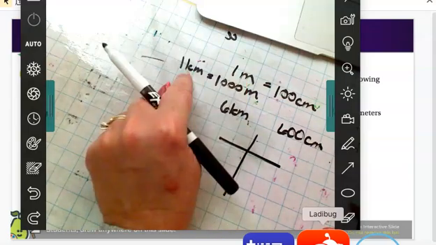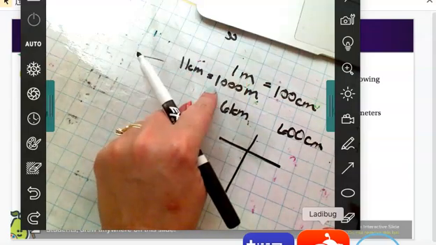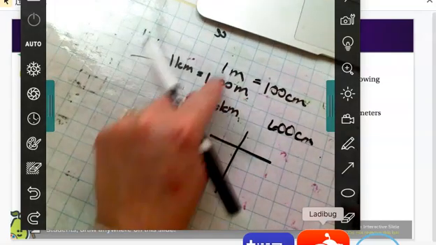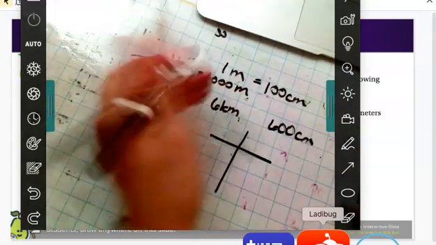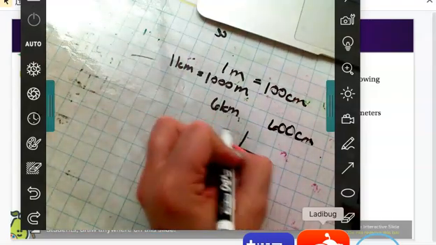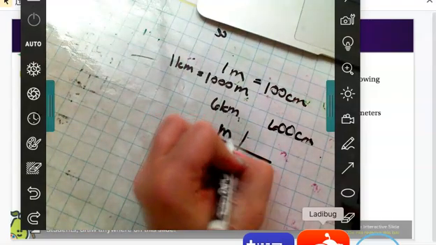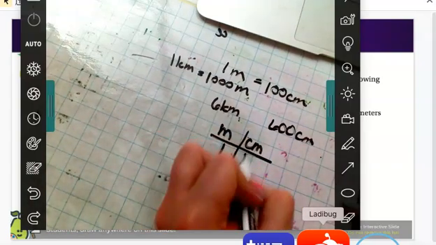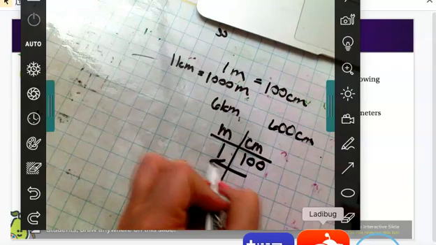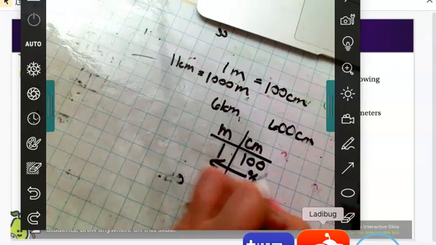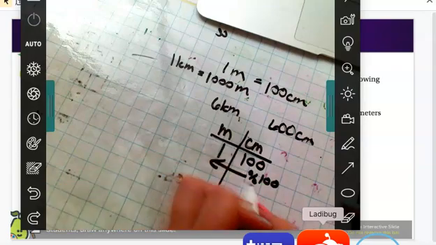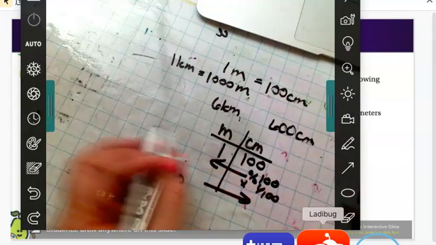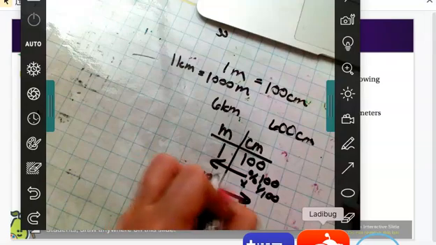So if 1 kilometer is 1,000 meters and 1 meter is 100 centimeters, then what would 1,000 meters be in centimeters? Going from centimeters to meters, I'm dividing by 100, or multiplying by 1 over 100. If I'm going from meters to centimeters, I've got to multiply by 100.